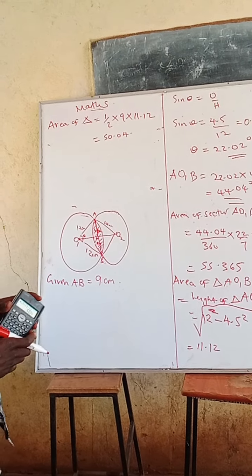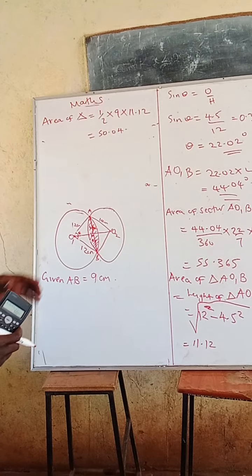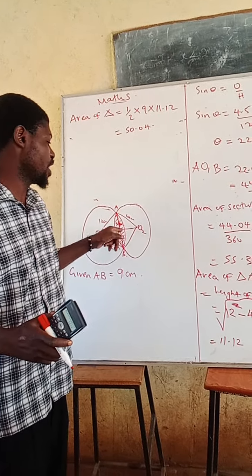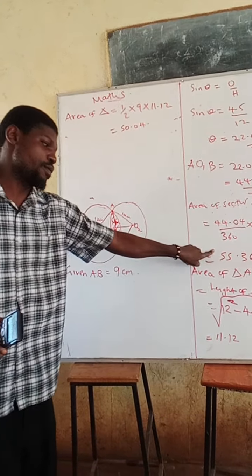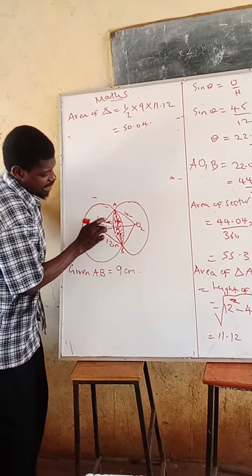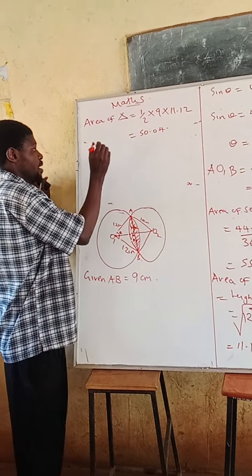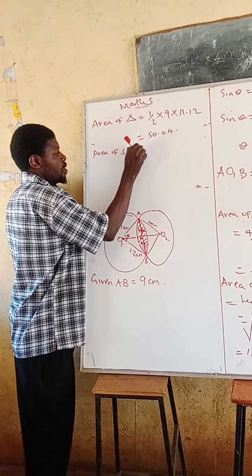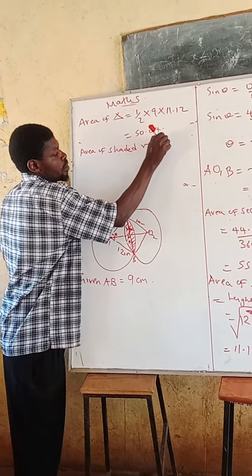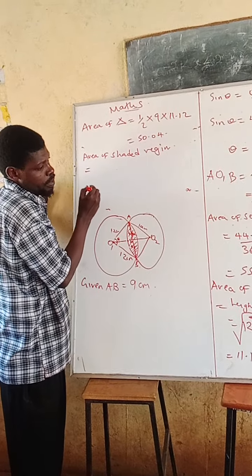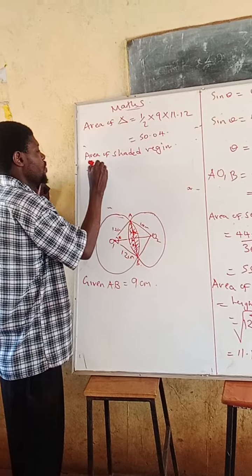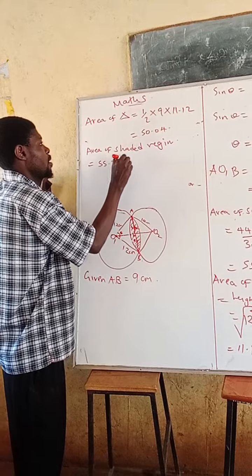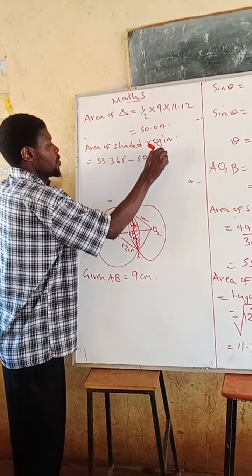Now, we get 50.04, and our area of the sector, the whole sector within the shaded area, was 55.365. So area of the shaded region becomes 55.365 minus 50.04.